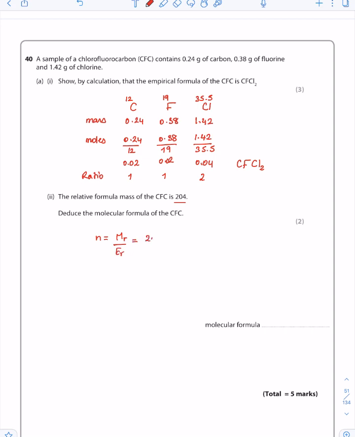Relative formula mass is given 204 وإحنا نعمل calculation لل ER اللي هو وزن الامبيريكال 12 plus 19 plus 2 by 35.5 هيطلع ده 102. هنديفايد 204 على 102 تطلع 2. يبقى الموليكولار formula of CFC is equal to empirical formula اللي هي CFCl2 all 2 يعني C2F2Cl4.